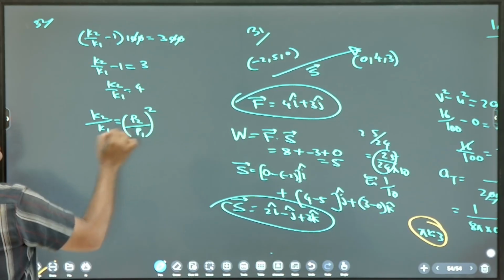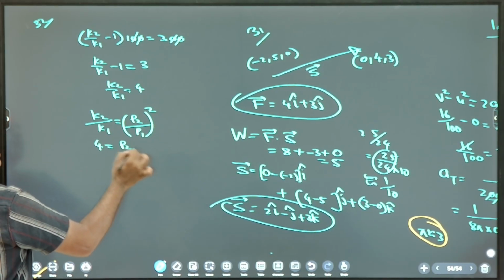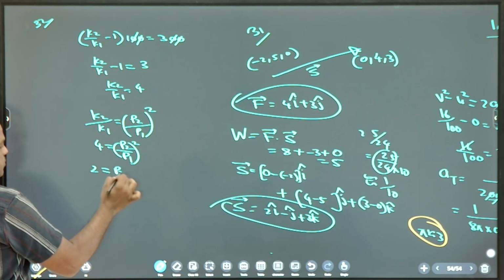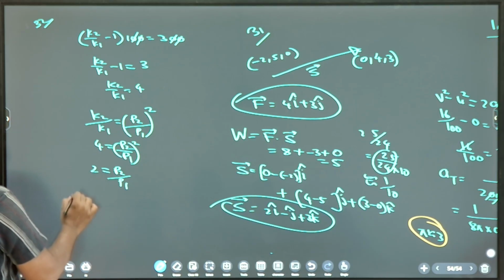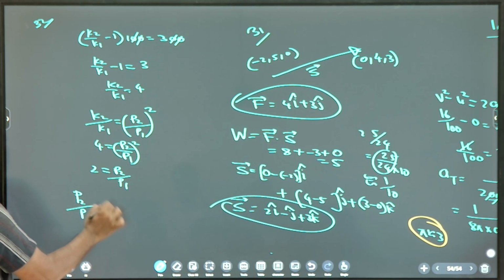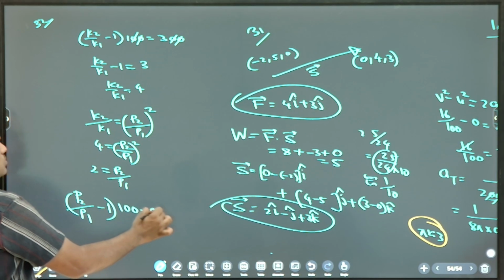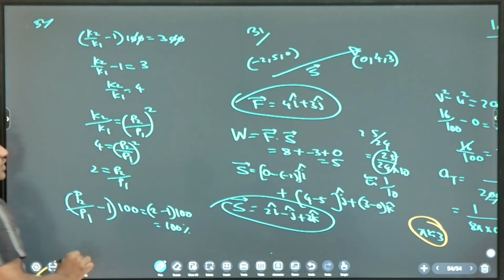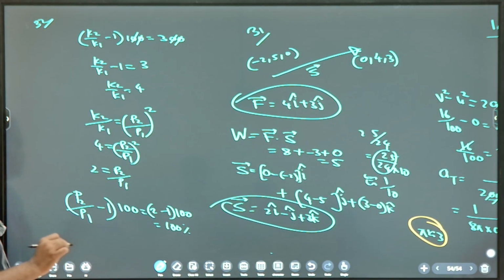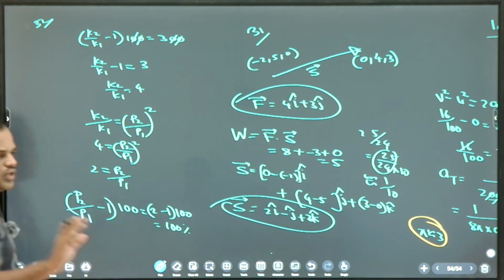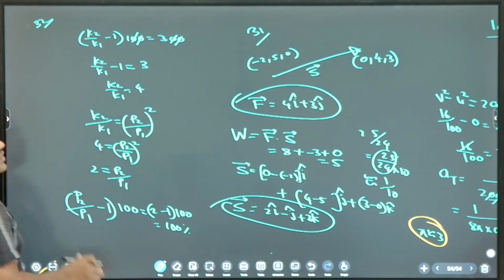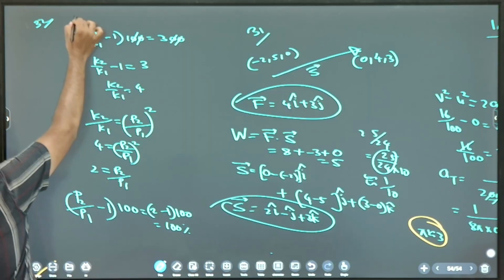Very good. So 4 is equal to P2 by P1 whole square, so P2 by P1 is 2. So P2 by P1 minus 1 into 100, so 2 minus 1 into 100, 100%. Okay, understood? Who got this 100%? Okay, good. This is easy, you practice this percentage change.